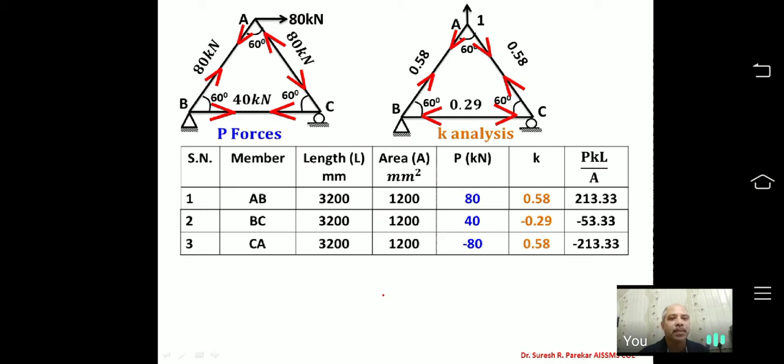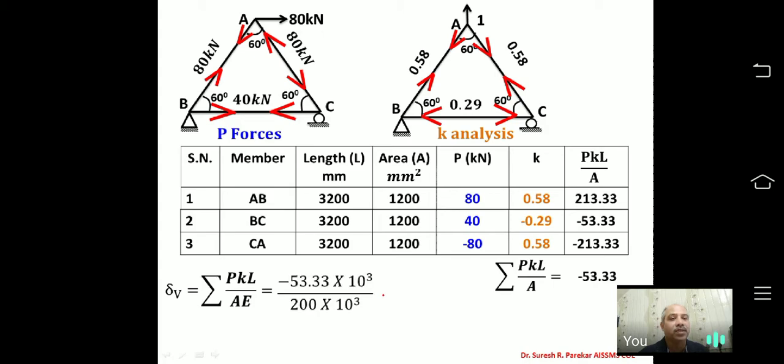AB both plus, but BC one plus one minus, CA one plus one minus, and from this I will get the value as minus 53.33. Again we have to multiply it by 10 raised to 3 to make it Newton per millimeter, and that gives me a negative value, which shows my displacement at A is vertically downward, and the value is 0.267 millimeters. So vertical or horizontal displacement, we can find very easily.